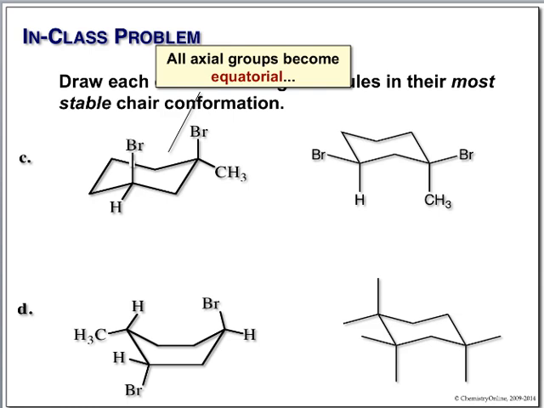If we start here with this carbon, think about your relative spatial geometry. Hydrogen is above methyl. And over here, hydrogen will be above methyl. Just draw that in. Our second one, hydrogen is above bromine. Hydrogen would be above bromine.